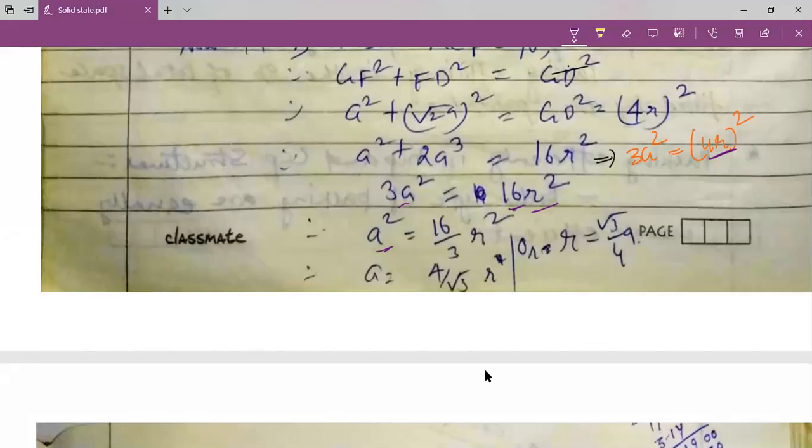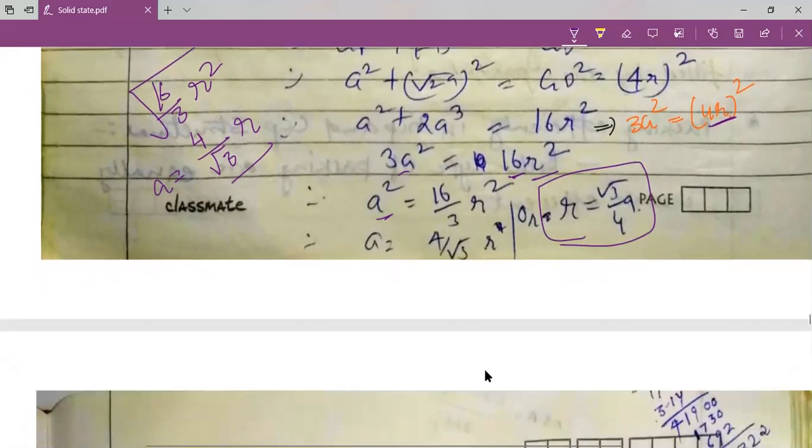When you take the square root, square root of 16 is 4, square root of 3 is root 3, and square root of R square is R. So you get A is equal to 4 divided by root 3 R, or you can say that R is equal to root 3 by 4 A.